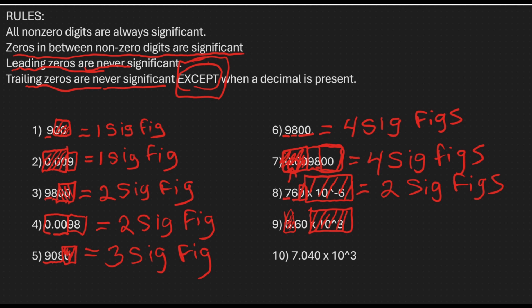We have 1 trailing 0, and we also have a decimal, which means that this 0 is significant because a decimal is present. So in this case, we also have 2 sig figs.